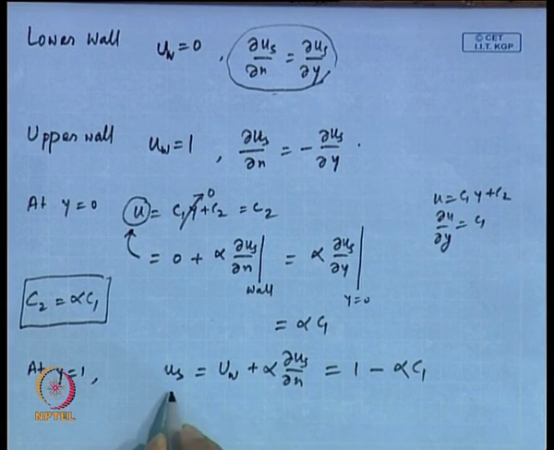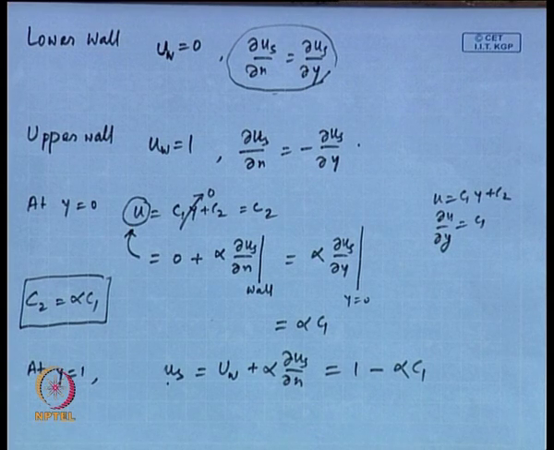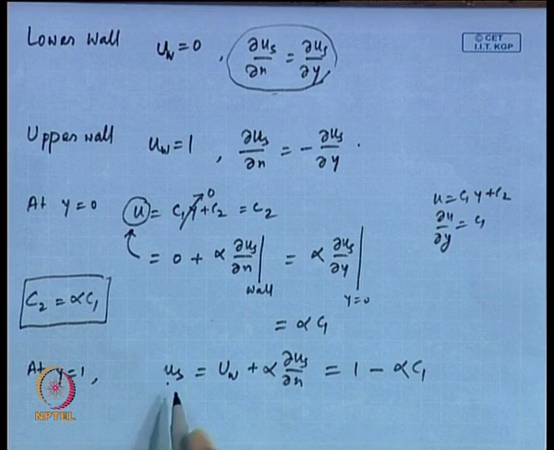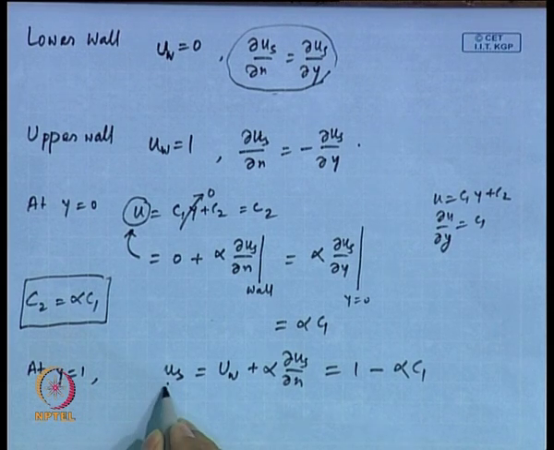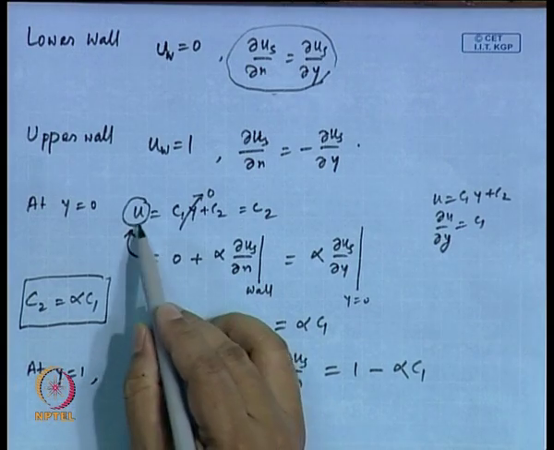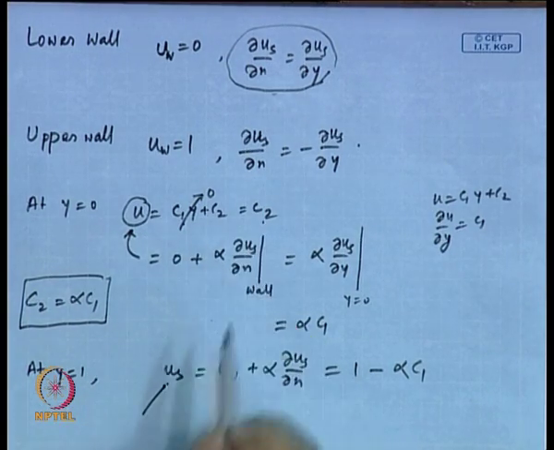And what is u_s? Here in this case, at the lower wall, u was C1 y plus C2, equal to C2.